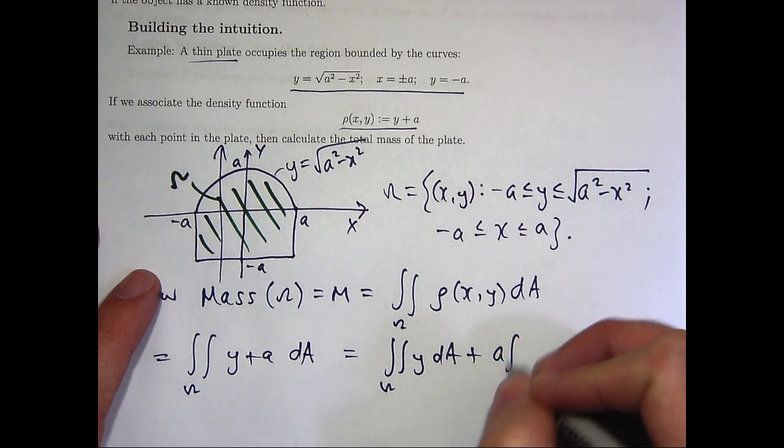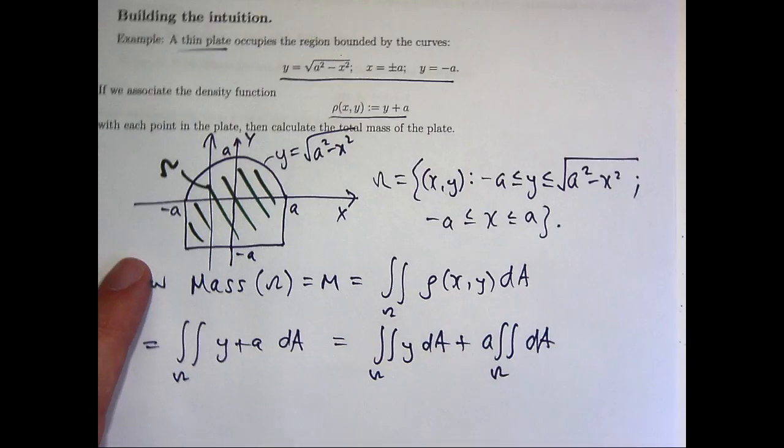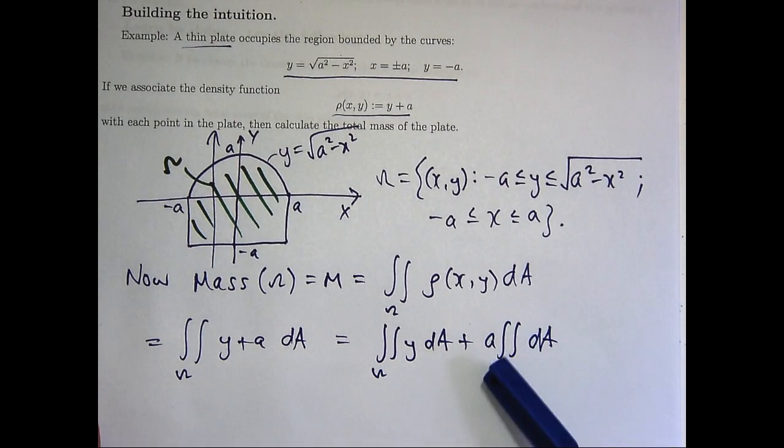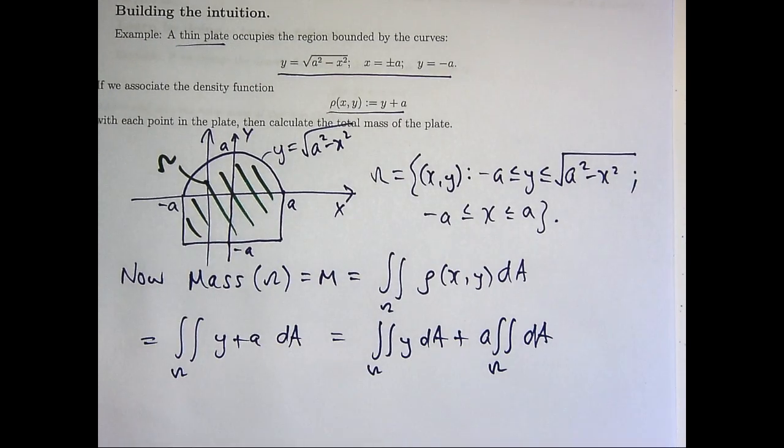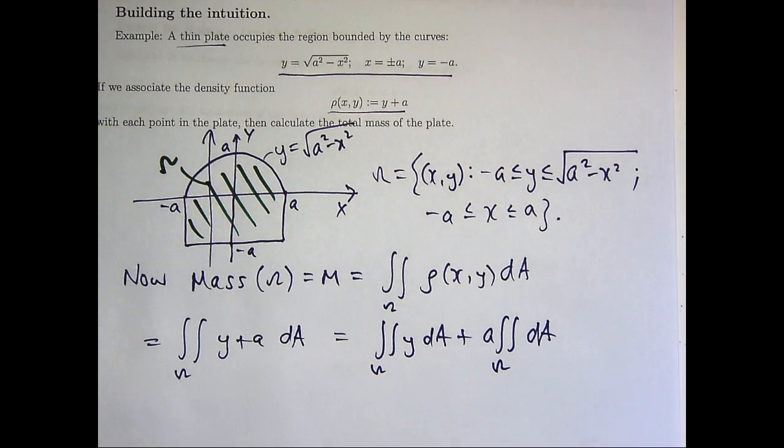Now a is a constant here, so I can take it out the front. Now what is this? This is just little a times the area of omega. So actually I don't need to do any integration there, I just calculate the area of omega and multiply it by little a. So that's pretty good.